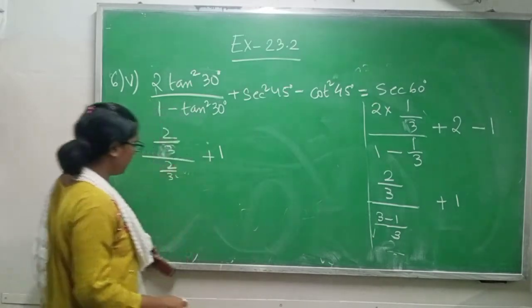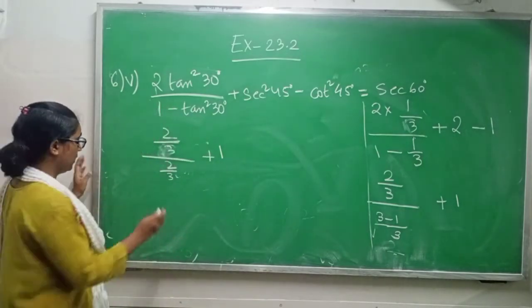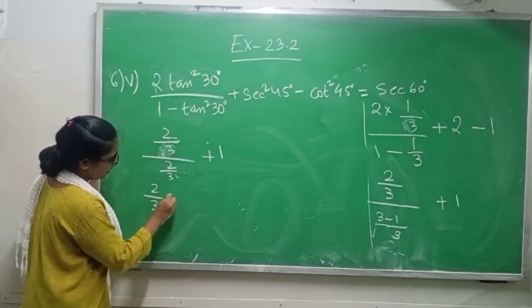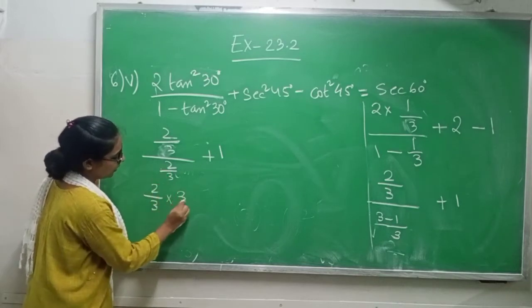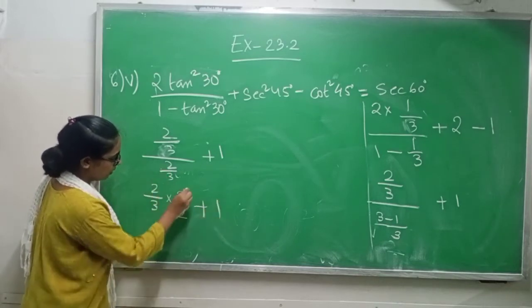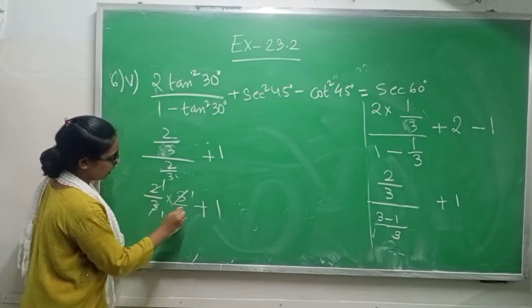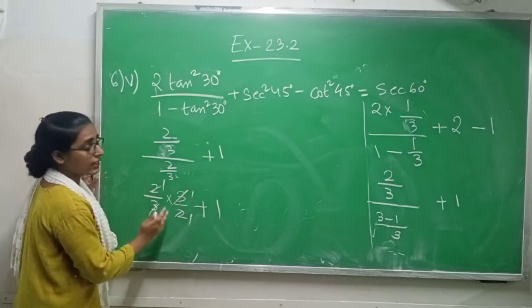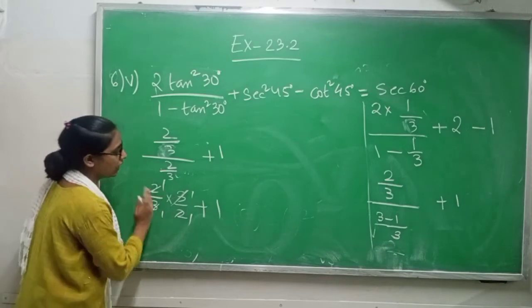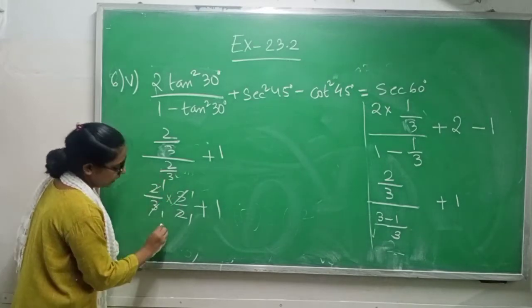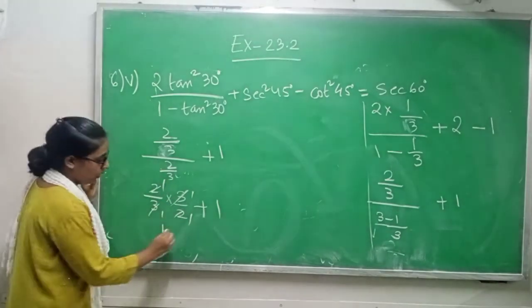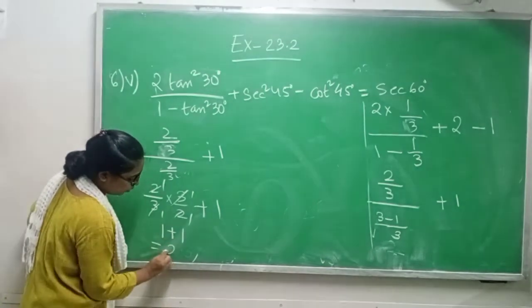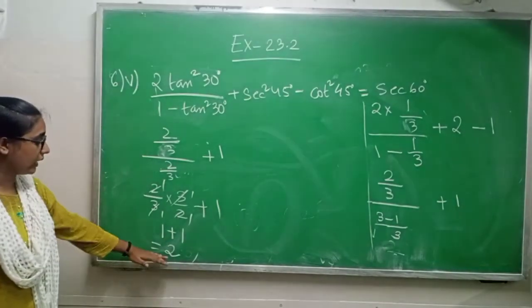Pause the video and please copy whatever I am doing properly. So 2 by 3, when it will convert into multiplication, it will come 3 by 2 plus 1. 3 ones are 3, 2 ones are 2. So when you will cancel in multiplication, if nothing will remain, then it means there will be 1. So 1 plus 1 will give you 2. Means in LHS you are getting 2.